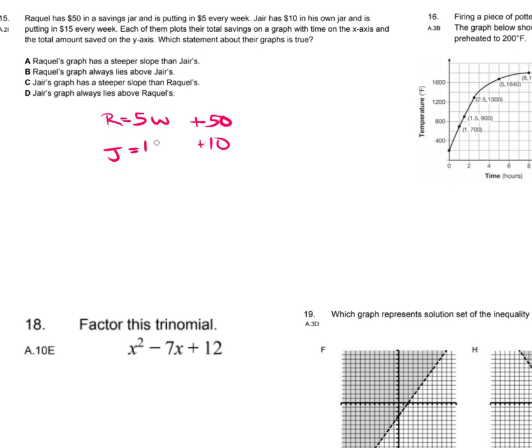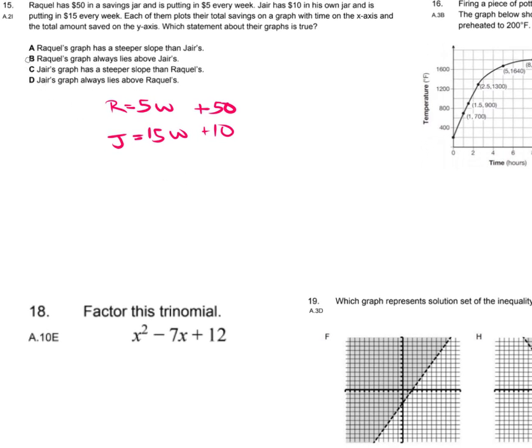So he ends up with $15 every week. So even though Raquel starts off with more money, Jer is perhaps making some better choices in terms of the saving department. So each of them plots their total savings on the graph, and it says which of these is right. Raquel's graph has a steeper slope than Jer's. Well, the slope of Jer's is 15.